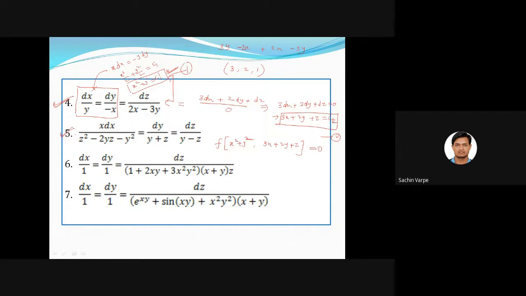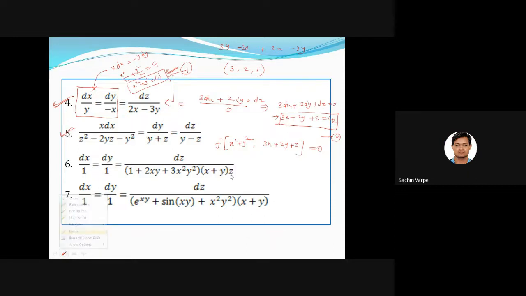Can we apply the method of grouping here? By direct inspection, we cannot apply, isn't it? I think it is not possible to equate. I think if I equate the second and third one, but is it possible to get the variable? Second and third, na?